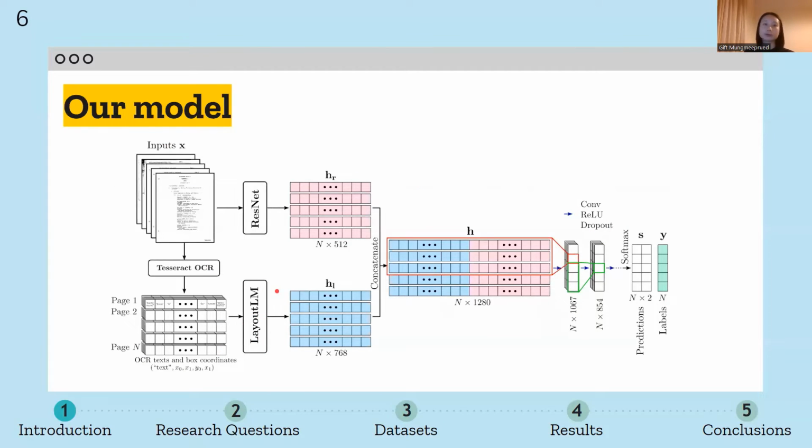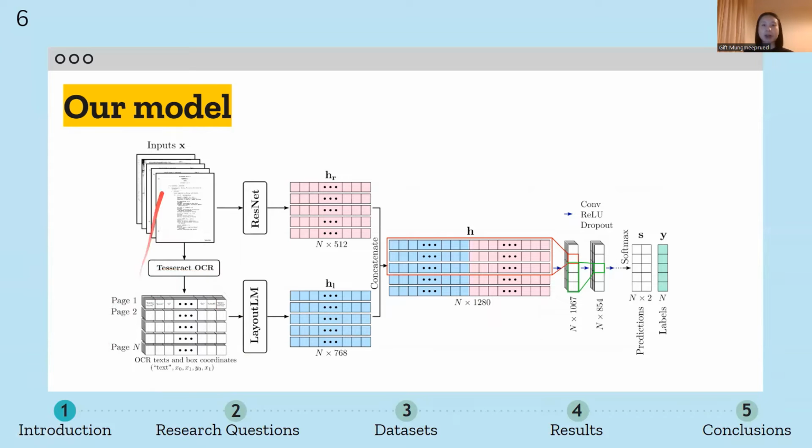Here is our model. The input is a folder, which is an array of images from documents. Then these images are fed into optical character recognition software, or OCR, to extract the text and the bounding box positions. At this point, we have the image information as pixels, and the text with layout information as tokens.